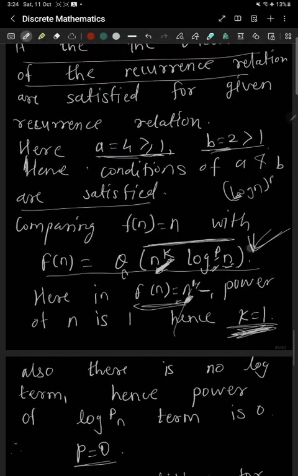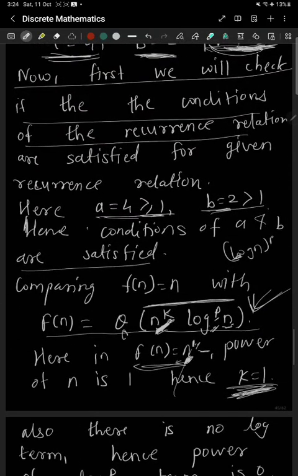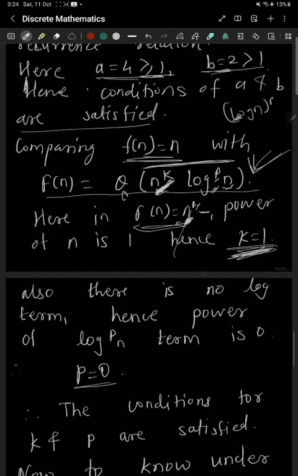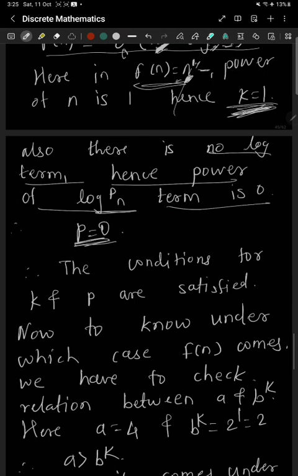And here no log term is there, right? When f(n) is equal to n, no log term is there, hence the power of log is 0. When there is no log term, then the power of the log term is 0. So p is equal to 0.